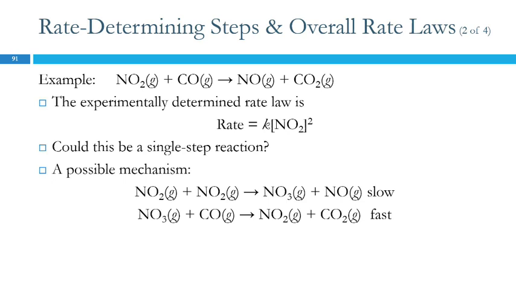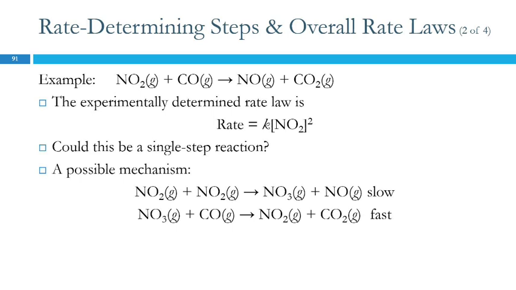So, a possible mechanism might be this. 2 NO2s reacting to form NO3 and NO, and then NO3 reacting with CO to form NO2 and CO2. This first one being slow and the second one being fast. We can write a rate law for each of the elementary steps from their equations, only for elementary steps.